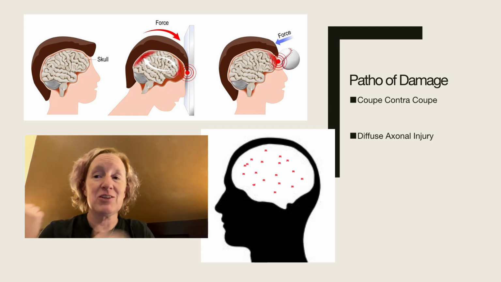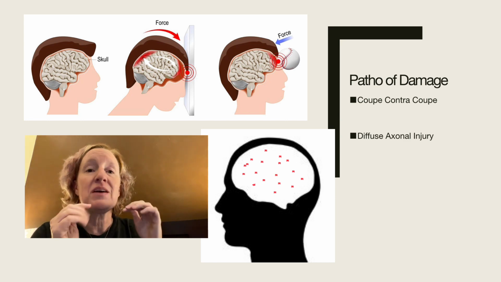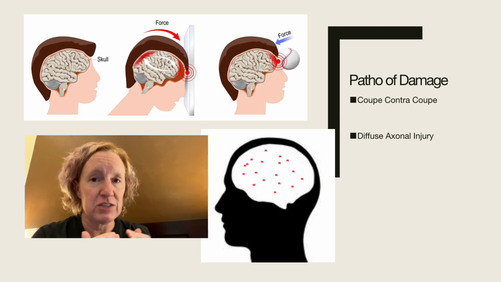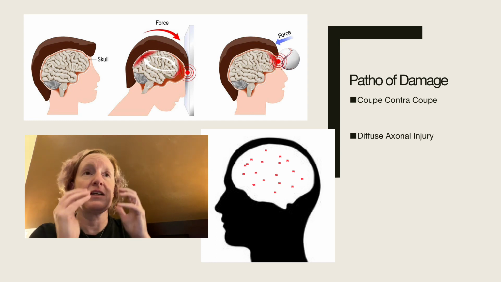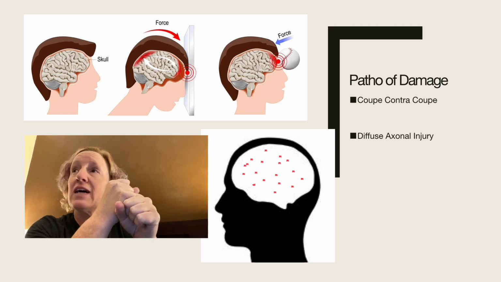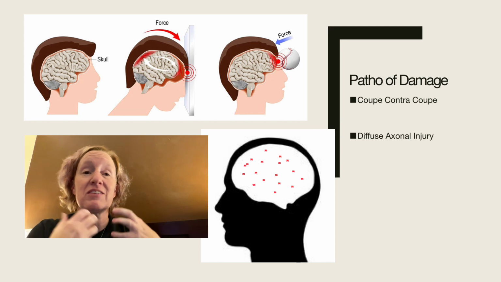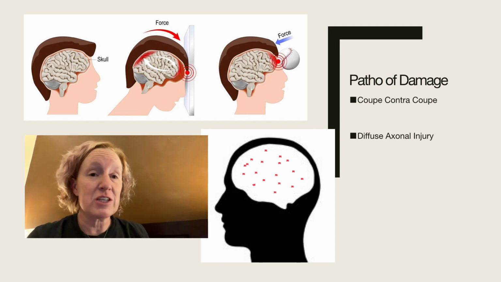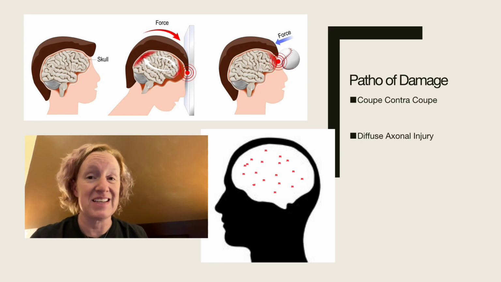Versus the gentleman to the side here with the brain with all the little red dots. That's diffuse axonal injury. And diffuse axonal injury is similar to coup contrecoup in that it's a shearing force, but it's the neurons that shear and break. And so the problem is you guys have to think about, like what we've talked about several times, what the body does every time it gets injured.